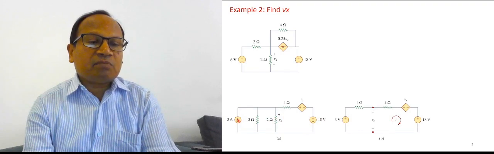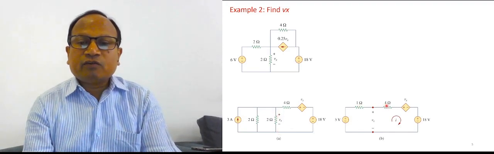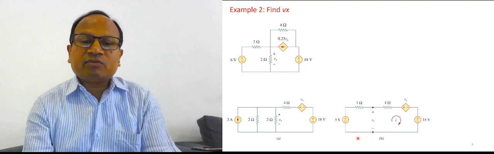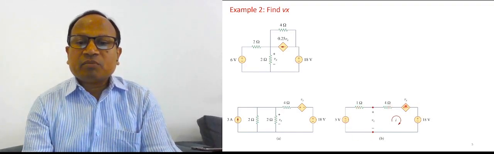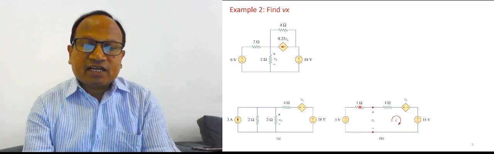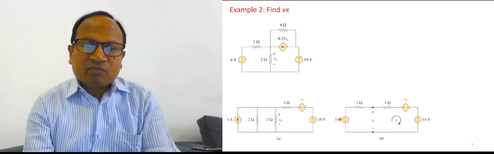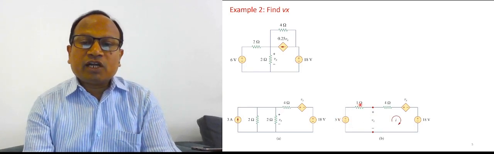So 3 ampere and 1 ohm will become 3 volt, and 1 in series. Vx will remain there, 4 ohm, and this is Vx and 18. So we can write down one equation, 3 is equal to 1 into I plus 4I plus Vx plus 18. Second is nothing but, you see here, Vx is equal to this 3 and this I is nothing but 3 is equal to 1 into I plus Vx.